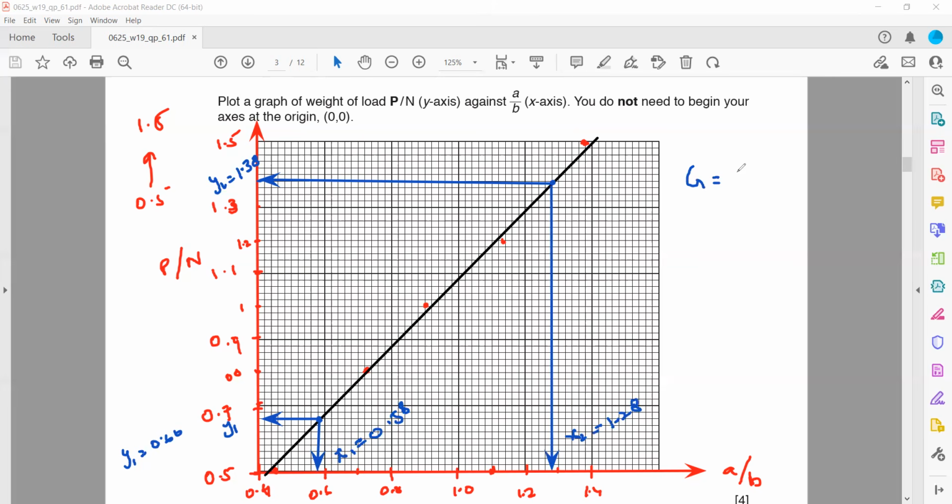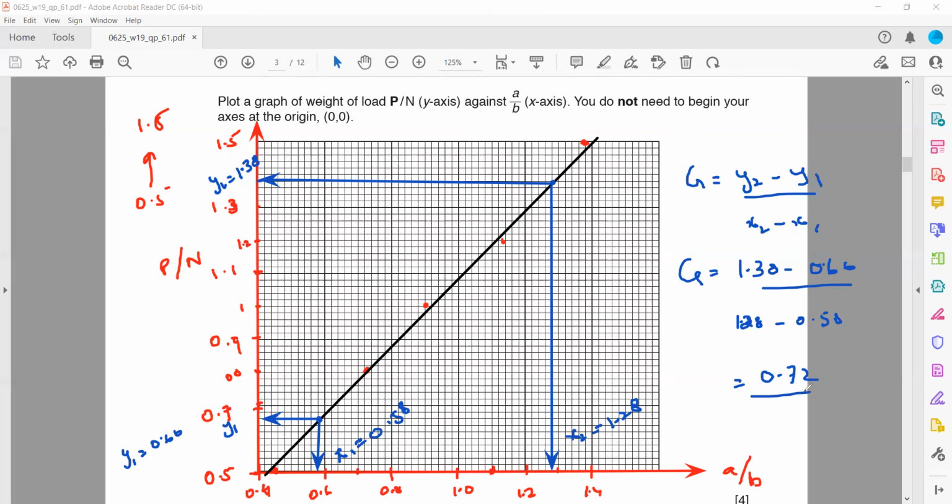The formula for gradient is y2 minus y1 over x2 minus x1. The y2 for us is 1.38, y1 is 0.66, x2 is 1.28, and x1 is 0.58. So 1.38 minus 0.66, that's equal to 0.72.